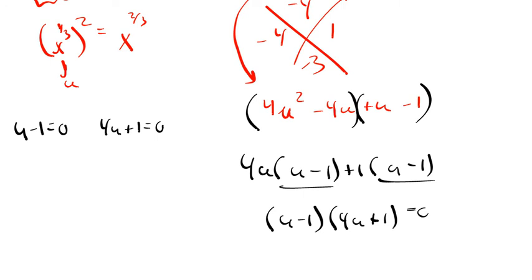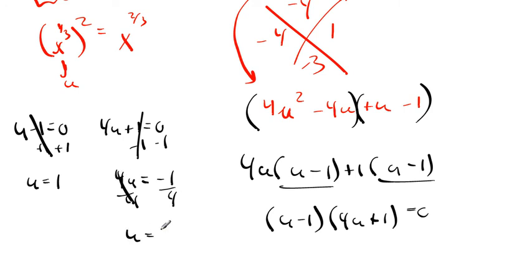All right, let's add 1 to both sides. So u equals 1. Come over here. Subtract 1 from both sides, so we get 4u equals -1. Then we divide by 4, so we get u equals -1/4.